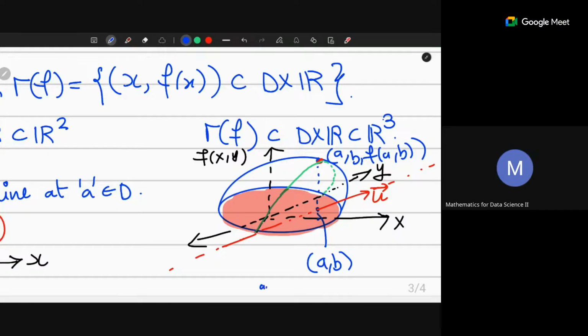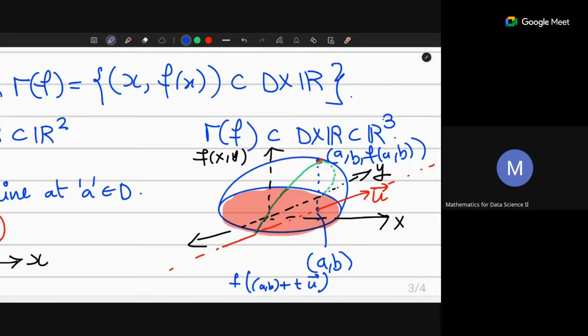This line is (a, b) plus tu. If I restrict my function onto this line, then this is a one variable function in terms of t, as we saw earlier in the definition of directional derivative. And the graph of this one variable function is precisely this green line. Okay, so does that make sense to everyone?